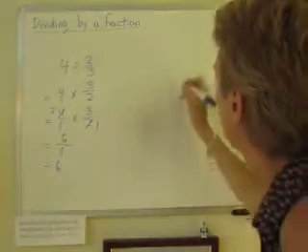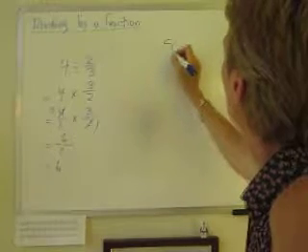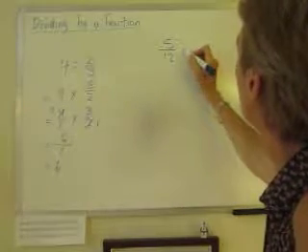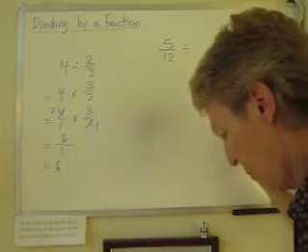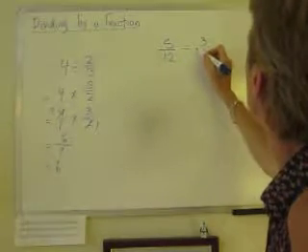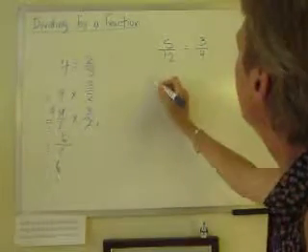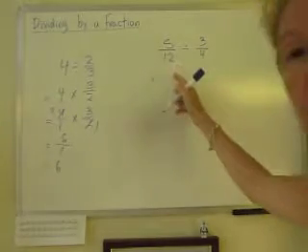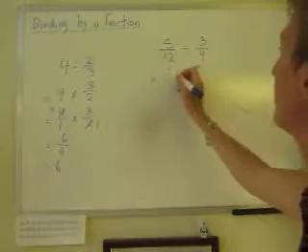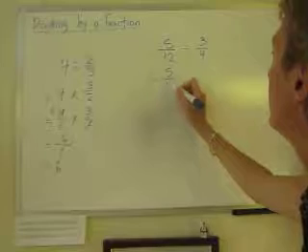Now let's do another example. If we have 5/12 divided by 3/4, our first fraction we leave, this is 5/12.